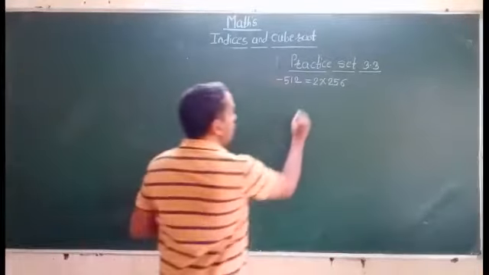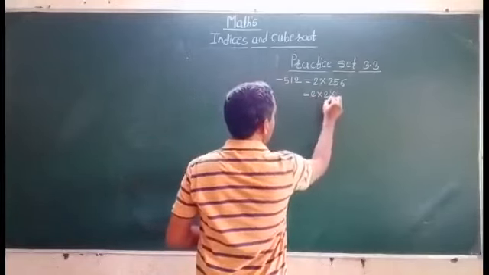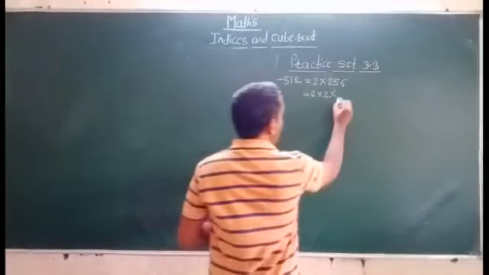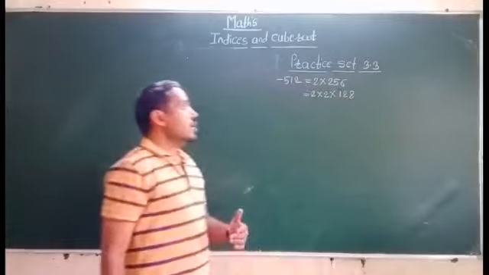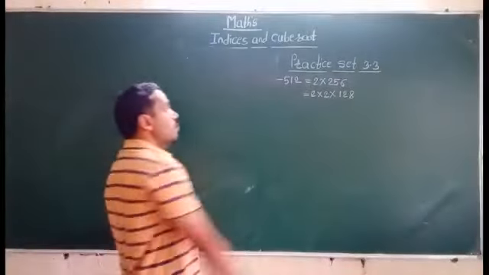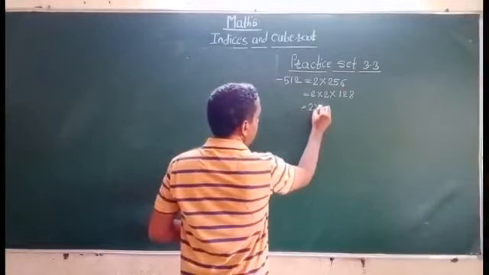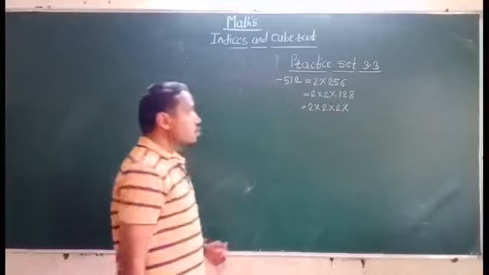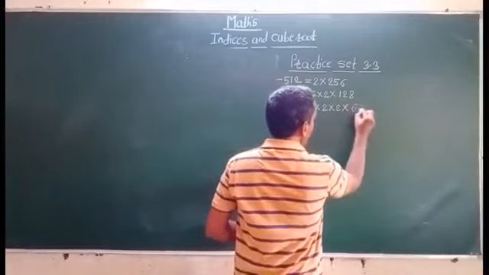And when we again split up that 256 by using prime factors, we get the answer 128. We again split up that 128 by using 2, and when we divide 128 by 2, we get the answer 64.